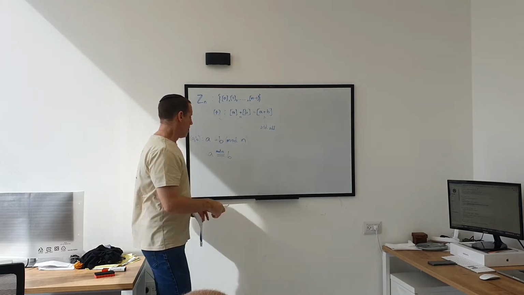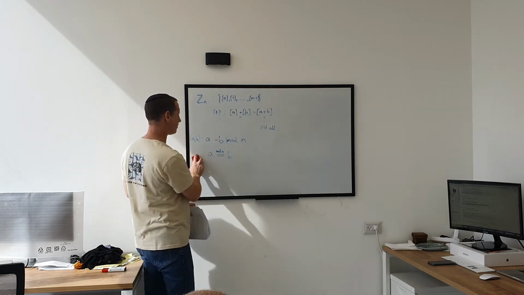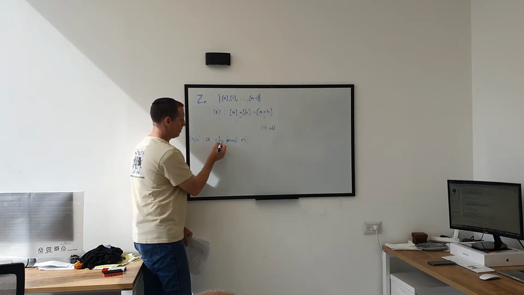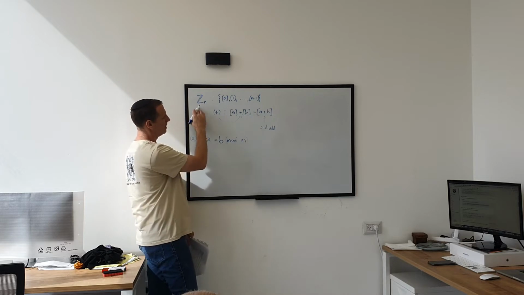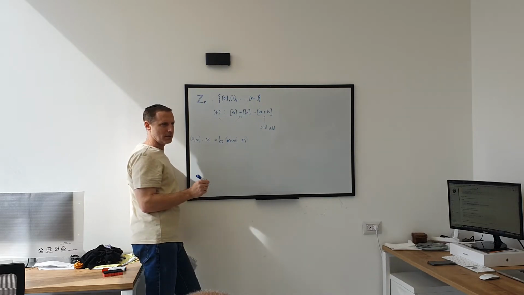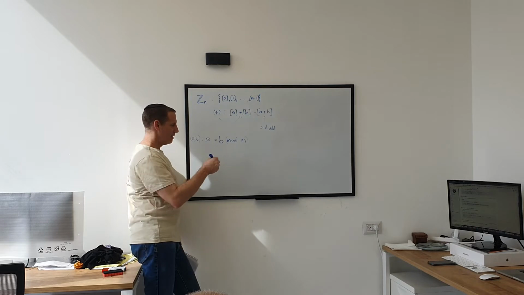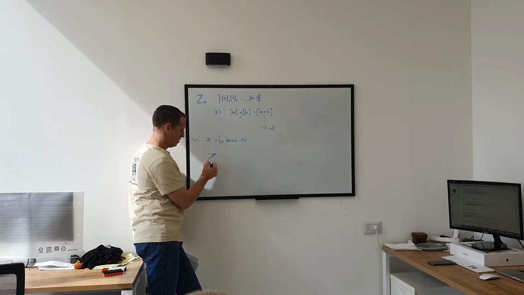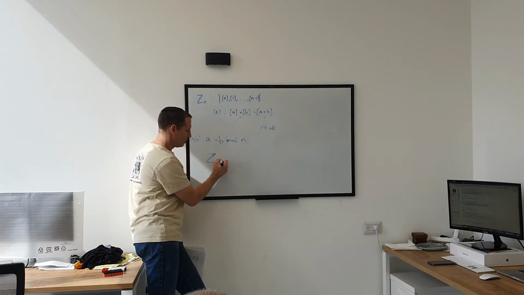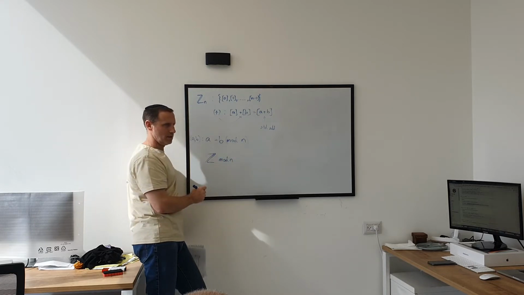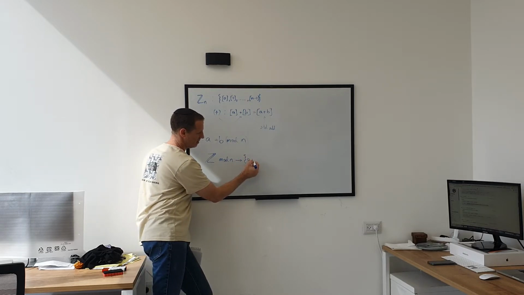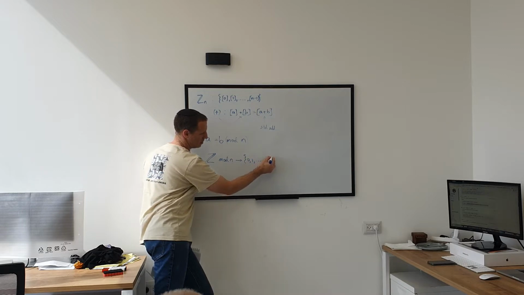Now, Zn, we could always think about it, and this is how we use it in practice, is that we really take the integers, and this is a bit of abuse of notation, but if we take the integers mod n, this will give us the set 0, 1 to n minus 1, right?